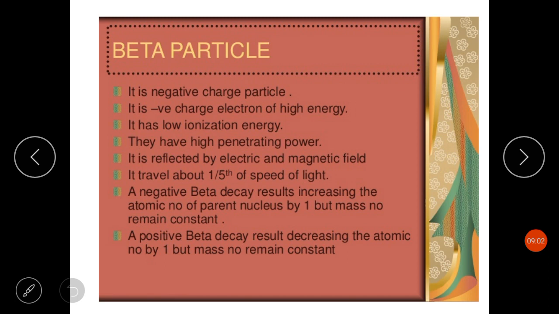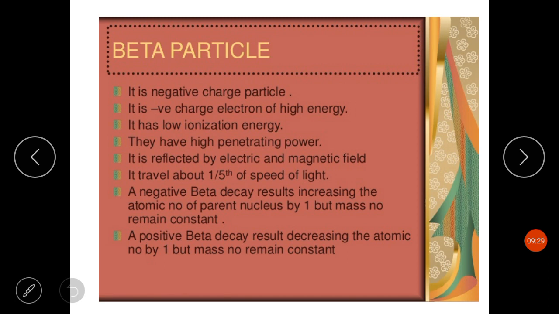They are much smaller than alpha particles and therefore they have much less ionizing power. That is, less ability to damage tissue. More ionizing power means more ability to damage tissue. Less ionizing power means less ability to damage tissue. So since they are smaller than alpha particles, they have much less ionizing power compared to the alpha particles.